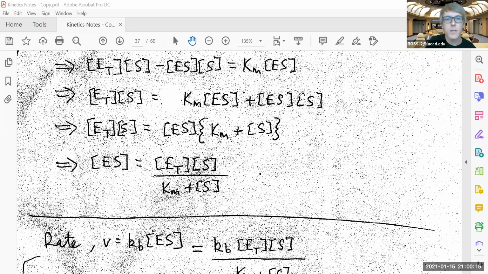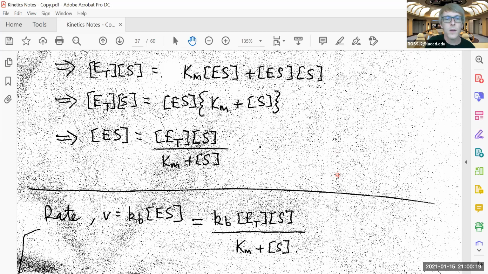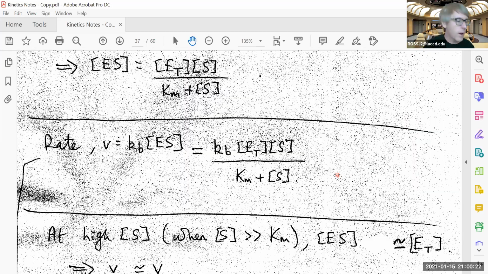Okay, let's look at the consequences of what we've done. So going back to what we said initially, the overall rate is kb times ES.